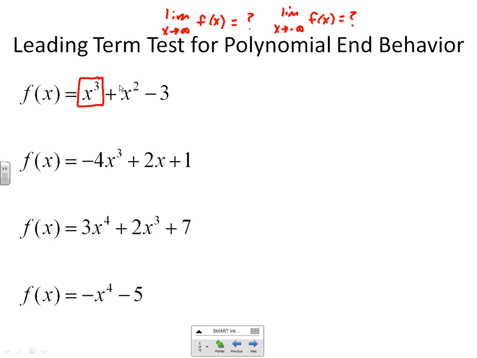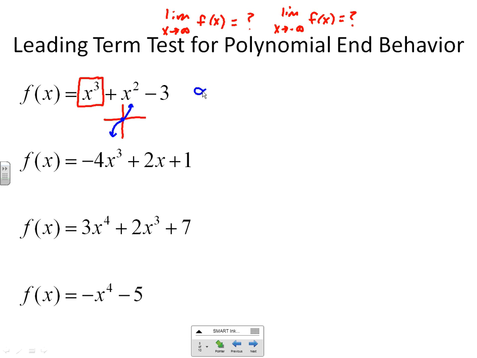Okay, so let's think about what the graph of y equals x cubed looks like. Well, it starts at 0, 0, it goes up to the right, goes down to the left. So if I'm answering this question, as I approach positive infinity, what is my function doing? Well, as I go to the right on x, I'm going towards positive infinity on y.